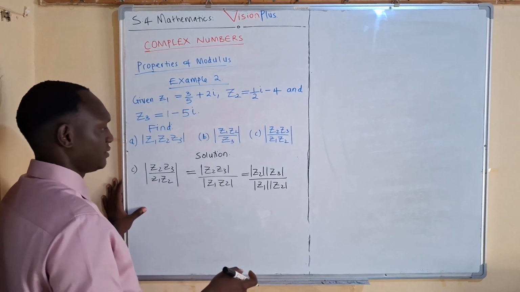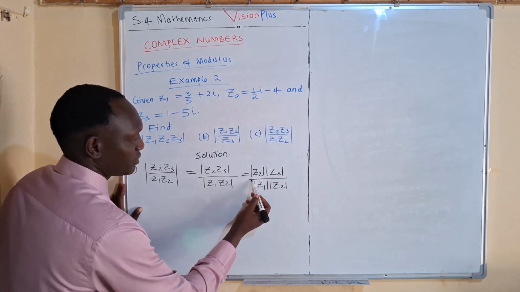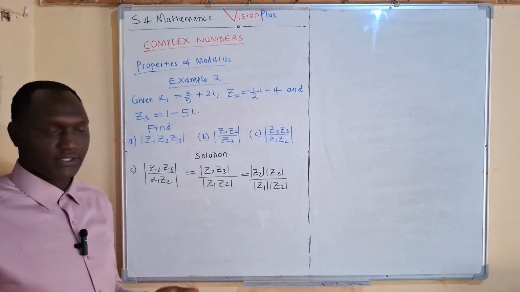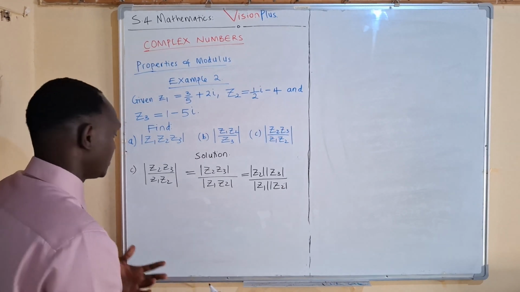Now you can see that you can cancel out the magnitude of Z2 and the magnitude of Z2 here because it is the same value. And even if you don't cancel it out, you still get the same answer.